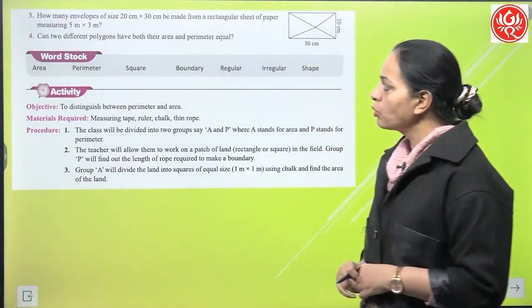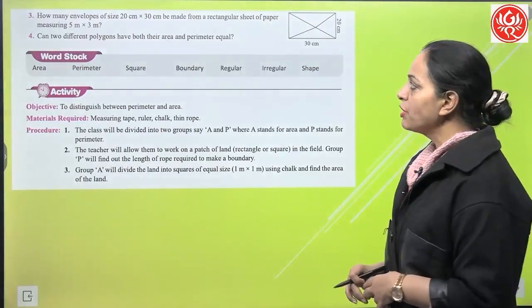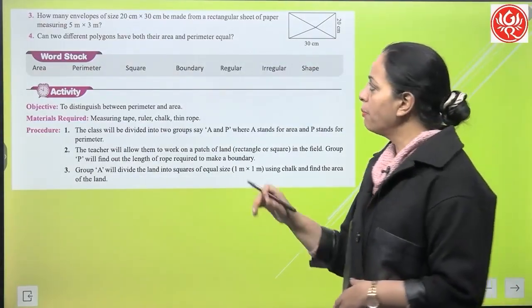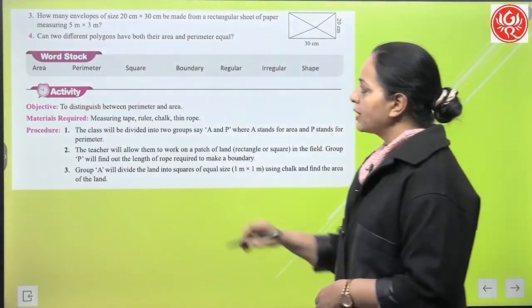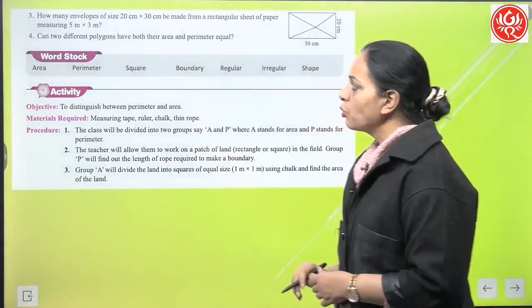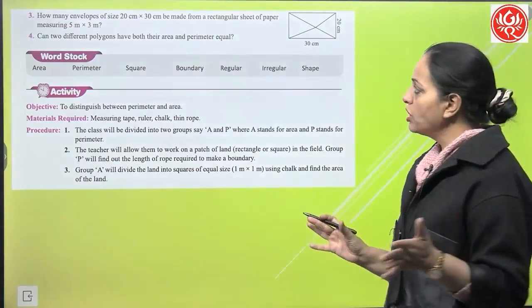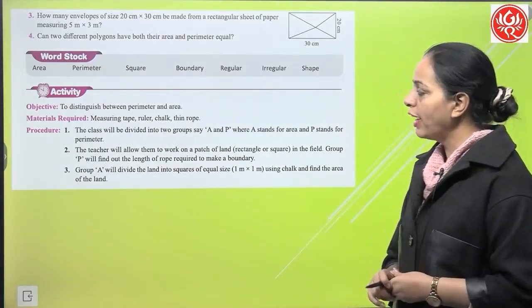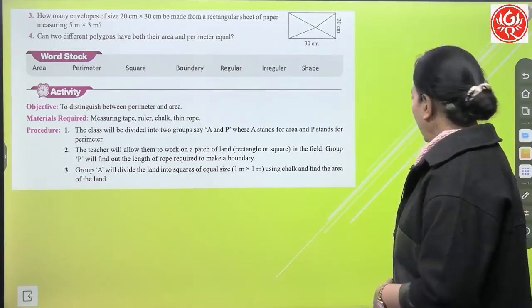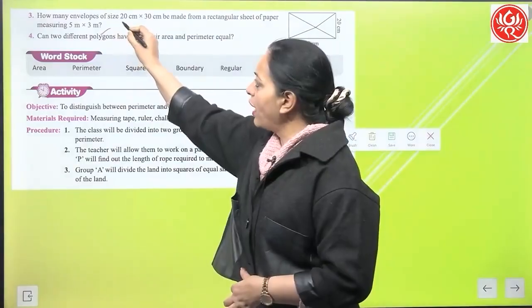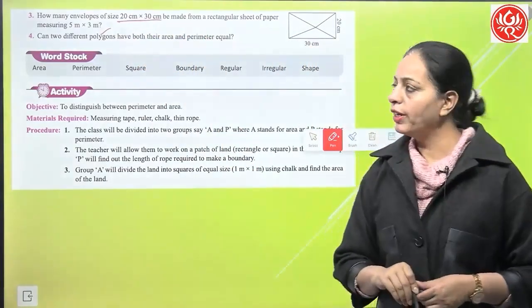How many envelopes of size 20 centimeter into 30 centimeter be made from a rectangular sheet of paper measuring 5 मीटर into 3 मीटर. एक rectangular sheet से हमें envelopes बनाने हैं. So how many? So number of envelopes equals to area of sheet divided by area of one envelope.